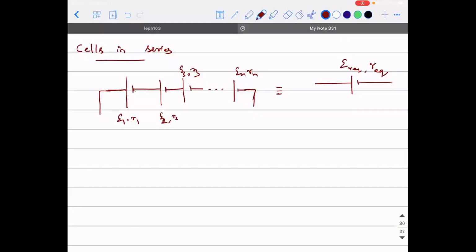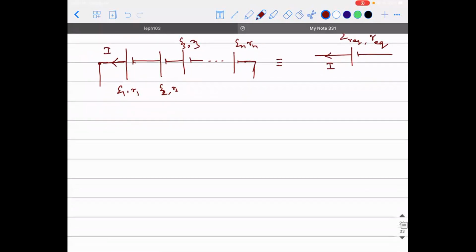Just like the current is the same for resistors in series, here also the current is going to be the same for the cells in series. Let's say all these cells put together are releasing the current in one direction. Let me say that current is I, and here also the current is I. This point is A and this point is B. Let me call these points P1, P2, P3, and it keeps on going.